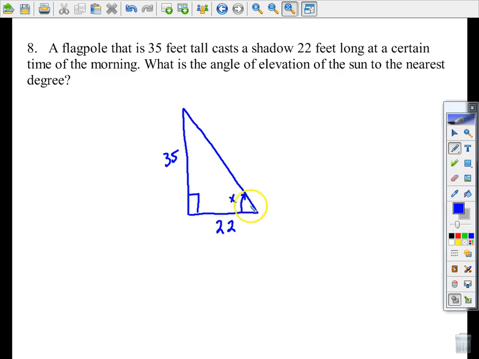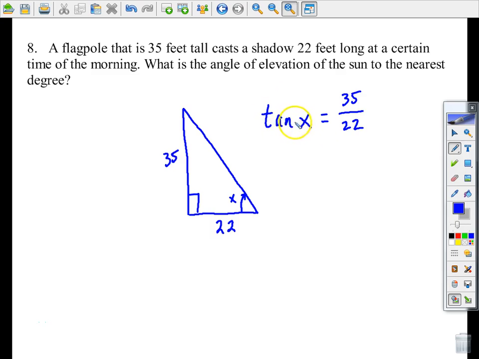Well, let's see. What do we have? We have the opposite side of this angle, and we have the adjacent side of this angle that I've called x. And the ratio opposite over adjacent is tangent. So I'm going to set up an equation that says tangent x is equal to opposite over adjacent. All right. So to solve for x, I'm going to do the inverse.